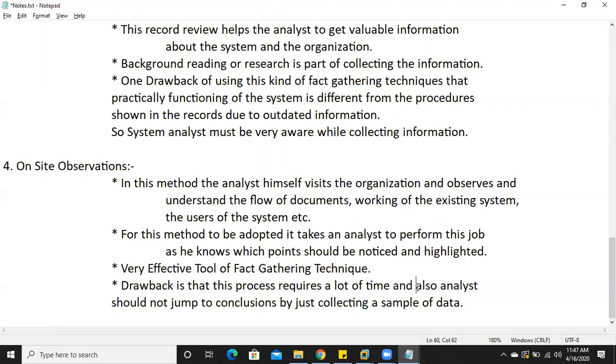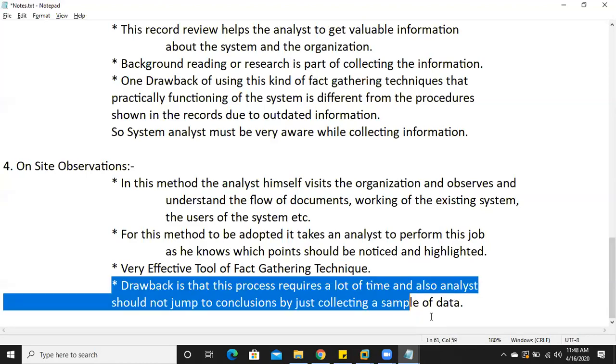As we have already said, this type of fact gathering technique consumes a lot of time, so it must not happen that the system analyst just analyzes some modules and directly jumps to conclusions by analyzing some sample data only. So this is about the drawback, because it is a very time-consuming technique.